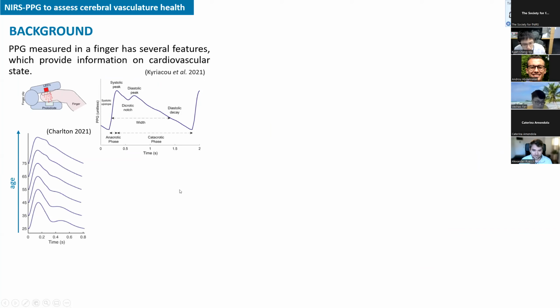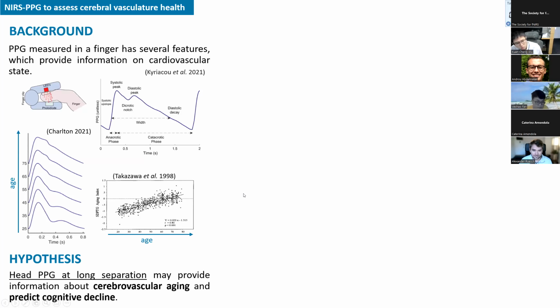And as previous research suggested, they can find an index that correlates well between the PPG waveform and the age. So we made a hypothesis that if we measure PPG on the head at longer separation, we might be able to find information about the cerebrovascular aging and predict the cognitive decline.